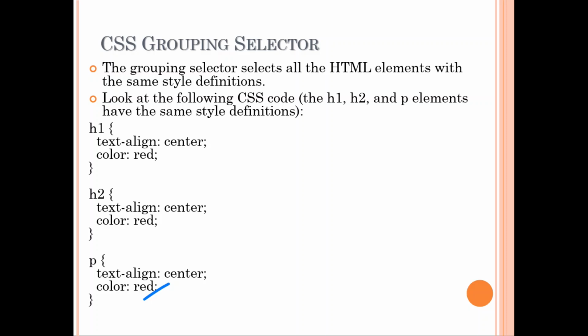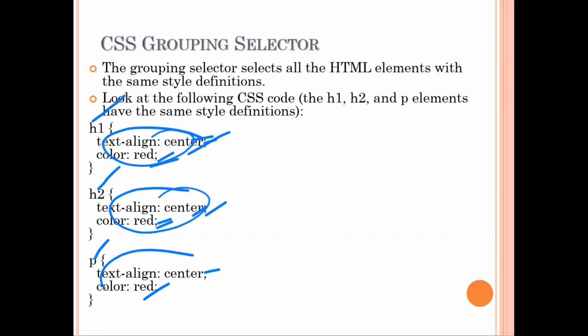You can see all these h1, h2 and p. For these we are changing the same thing, so we can group these properties. How can we group these properties? The property change is the same, so there is no need to repeat these properties again and again.